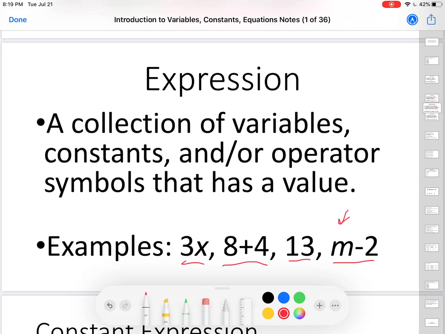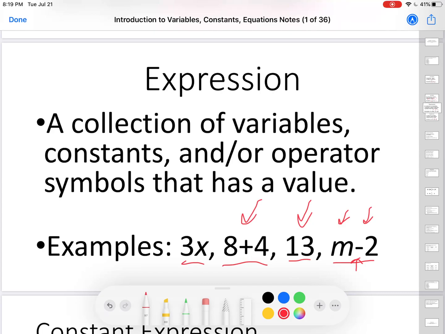Notice it has a variable, it has a constant, it has an operator symbol. It doesn't have to have an operator symbol or even a variable. Here's 13 is an expression.